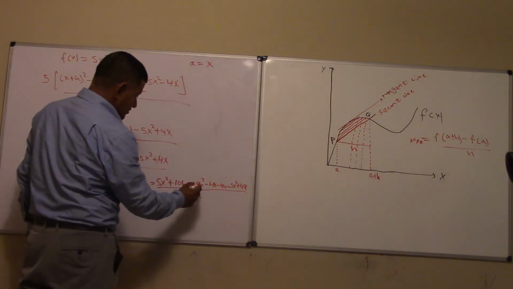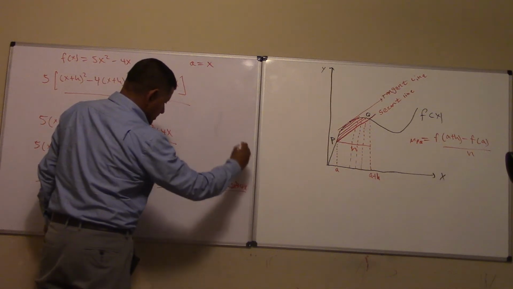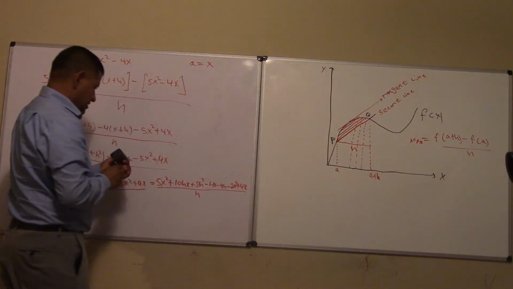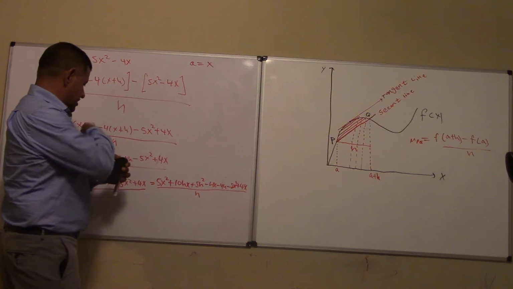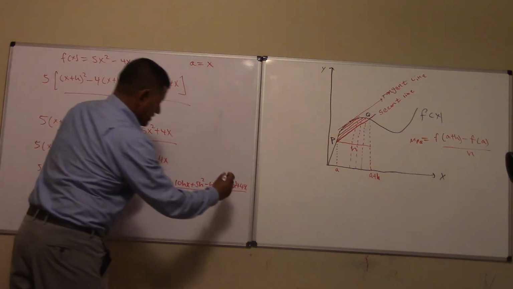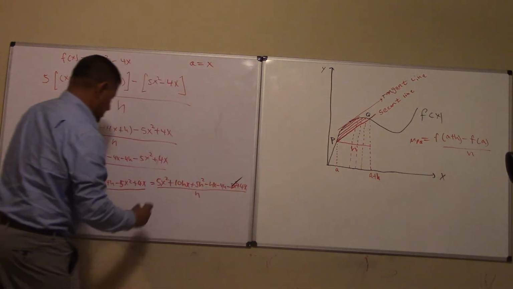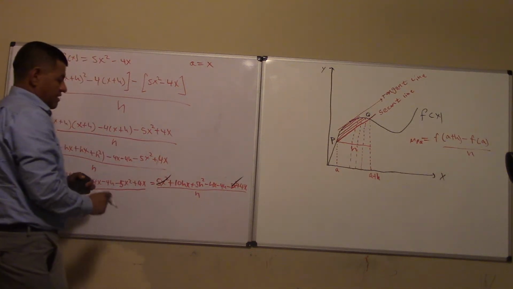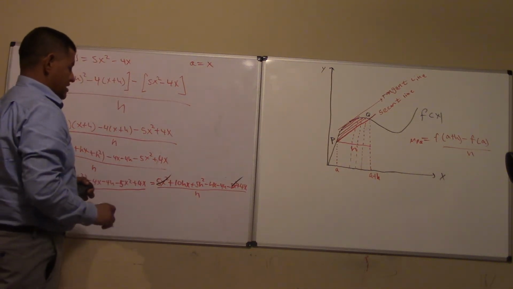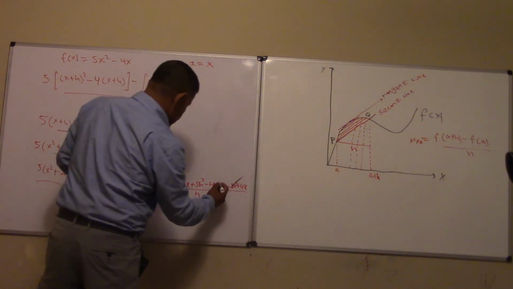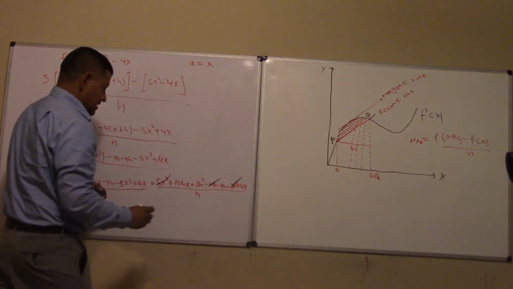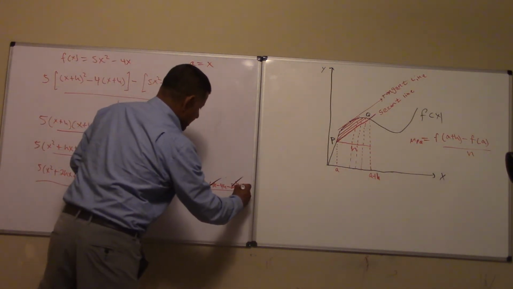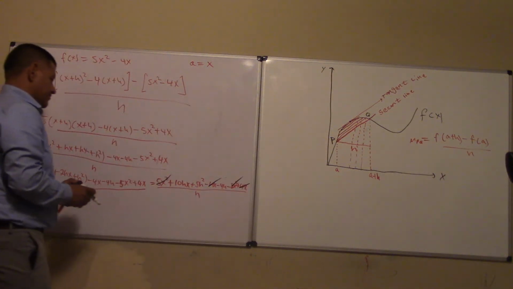Now I can start canceling some stuff up, right? So I can cancel this 5x squared, this 5x squared, right? Cancel each other out. I can actually cancel this 4x, and I can actually cancel that 4x, right?